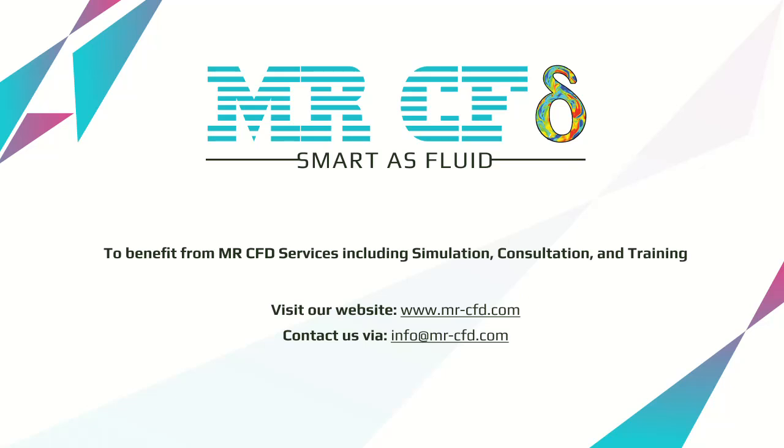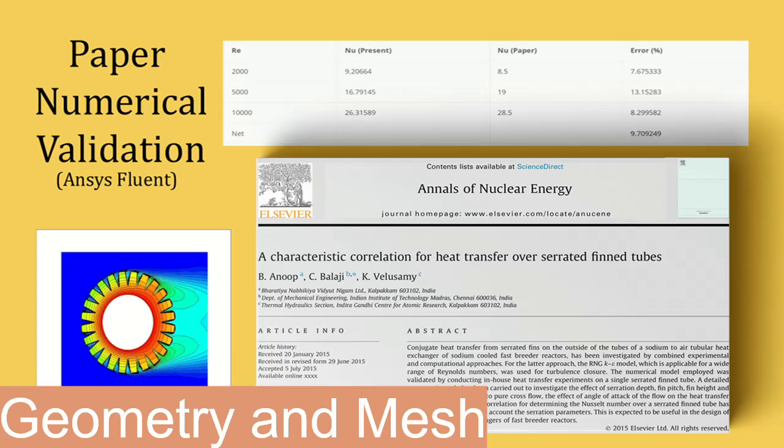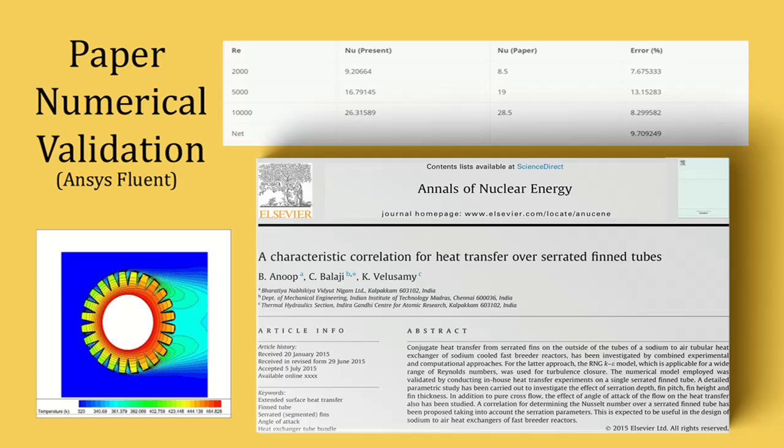CFT. In this video I'm going to show you how to generate geometry and mesh of this product, which is a validation of a characteristic correlation for heat transfer over serrated finned tube paper.